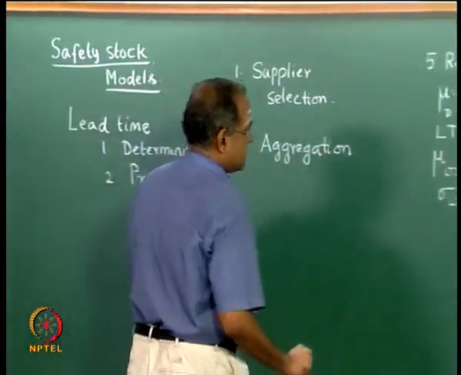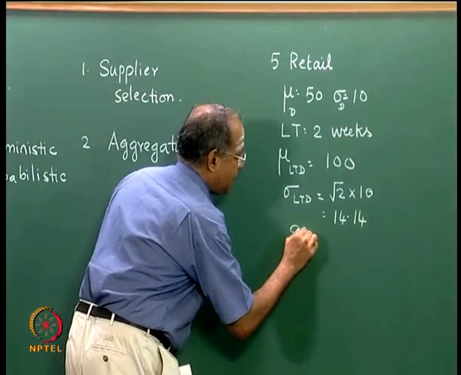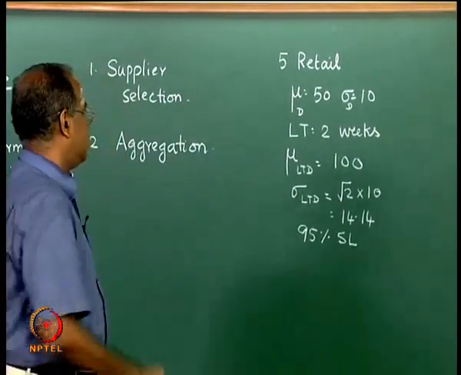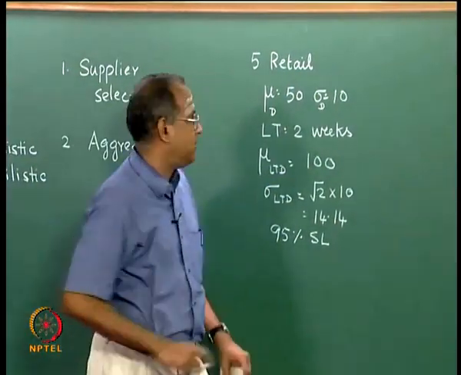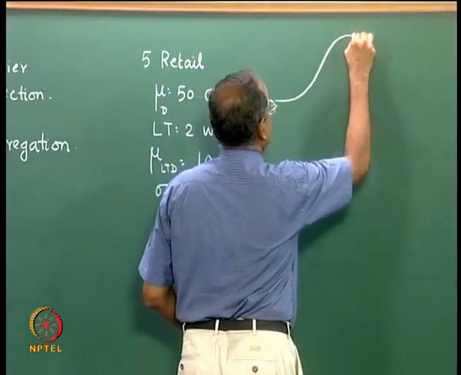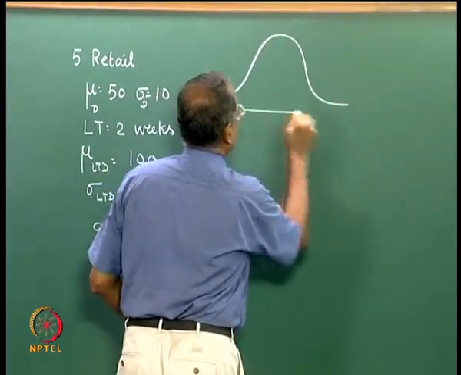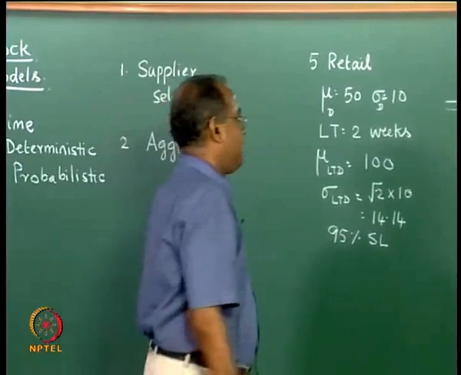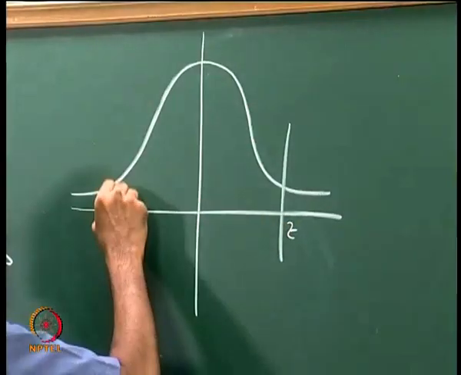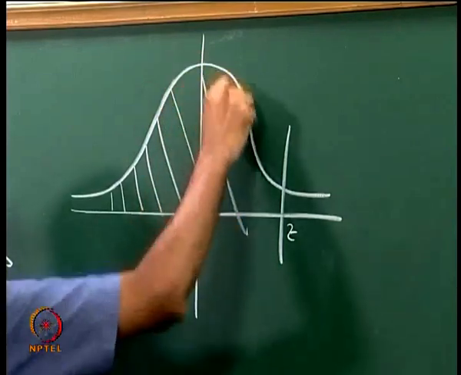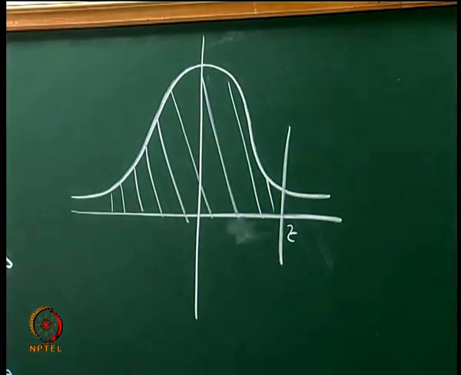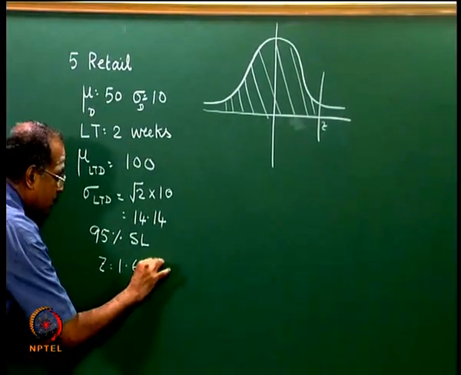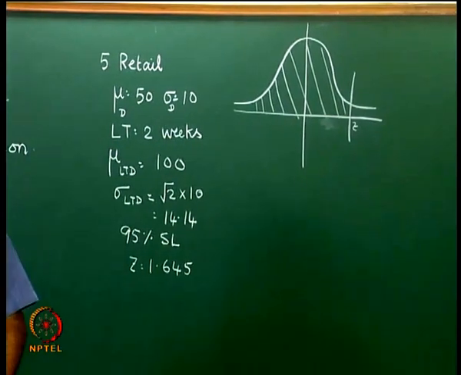Now, each of these retail stores wishes to maintain a 95% service level, and the demand distribution is normal, then we need to go into the standard normal curve to find out the Z value for which the area is 0.95, and that value is 1.645.